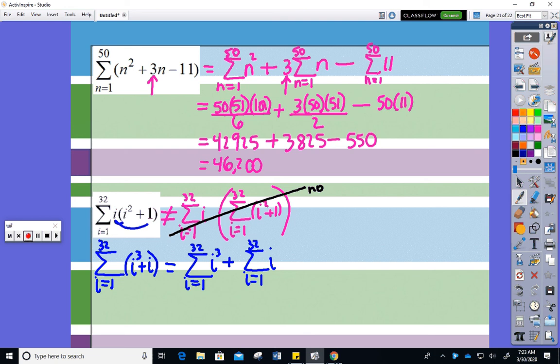And so I'm going to say, okay, for the i cubed part, that would be summing the first 32 perfect cubes. So I'm going to say upper bound plus 1, all over 2, and then I've got to square that guy. And then the second part is the same thing: it's summing the first 32 counting numbers, so it's upper bound plus 1, all over 2.